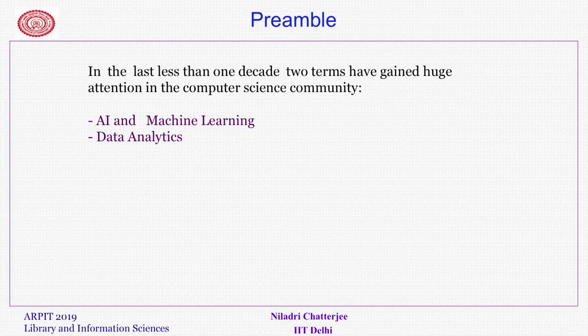knowledge representation. In the last less than one decade, two terms have gained huge attention in the computer science community: artificial intelligence and machine learning, and the other one is data analytics.